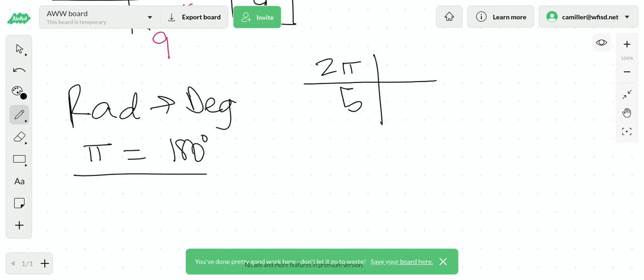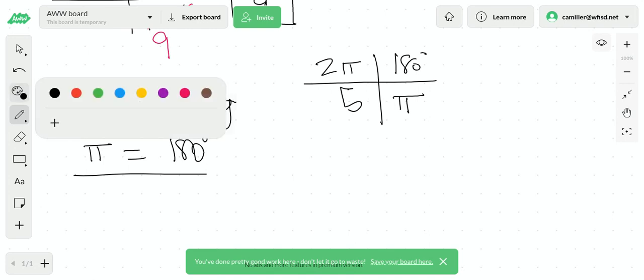Now, because we know that pi is the same as 180, and I need my pi's to cancel out because pi has to do with our radians, right? So that means I'm going to put pi on the bottom over here, and my 180 degrees is on the top. So now, once I have this, I can start reducing.